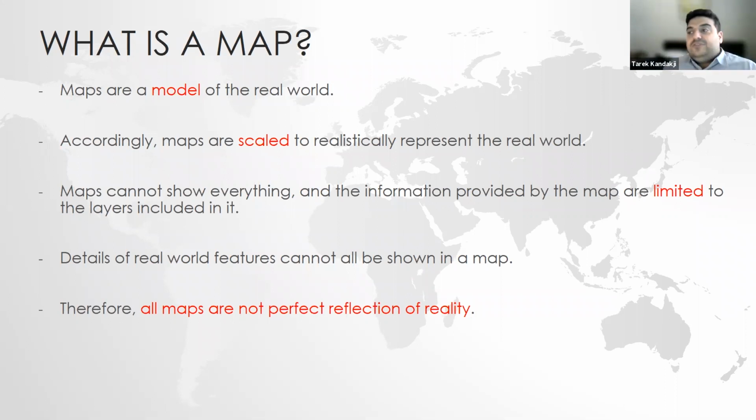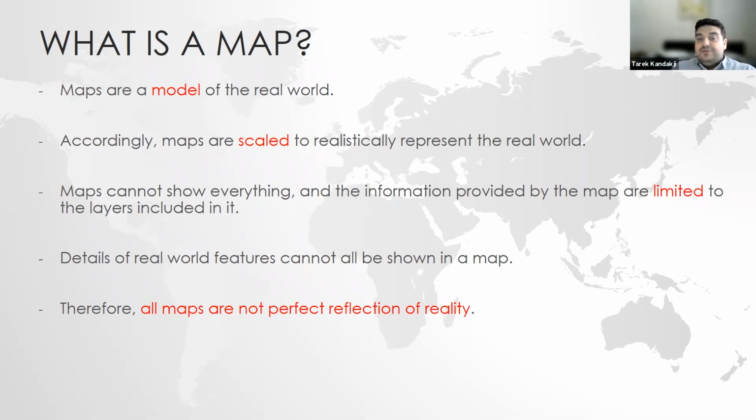Don't expect to see everything in a map. If you see a map of the whole world, don't expect that you will have all the information. No, it's limited to the layers you're using. Details of real world features cannot all be shown in a map, and this is why we are limited to the layers included in it.